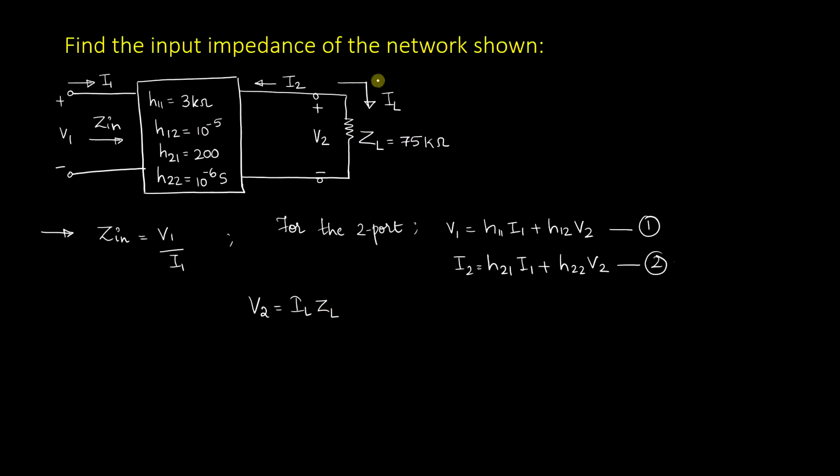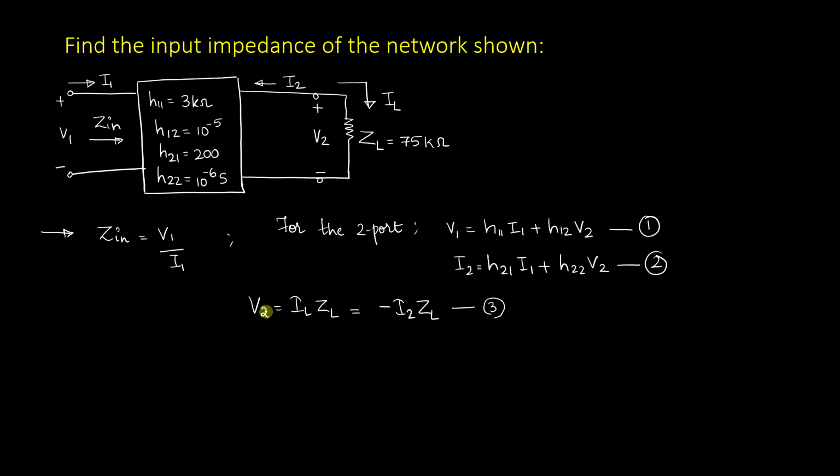You can see the direction of the current IL, and this voltage V2 is equal to IL into ZL. IL is actually in the opposite direction when compared to the current I2. So if I represent it in terms of the current I2, this can be written as minus I2 into ZL. Let me name this as equation number 3.